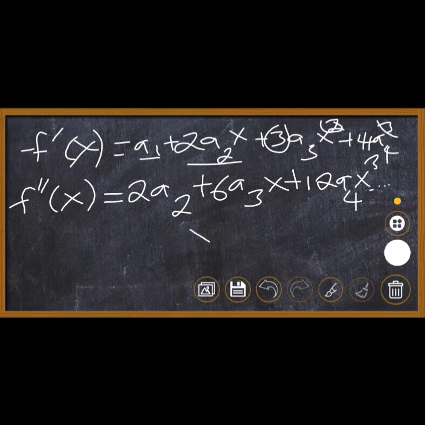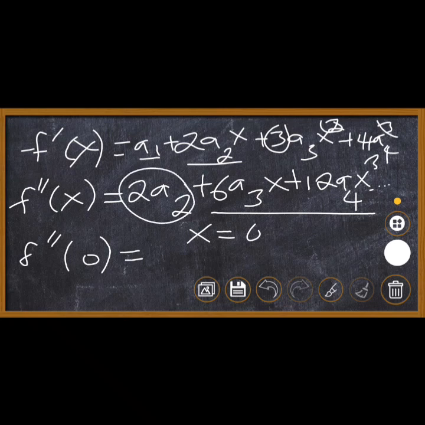Now even on this one, we also let x equal to 0. So when you let x equal to 0 and replace where there are x values, what are we going to have? In this case, our second derivative will be: the first term has no x value, so we are just going to have 2a2. We are not going to replace.